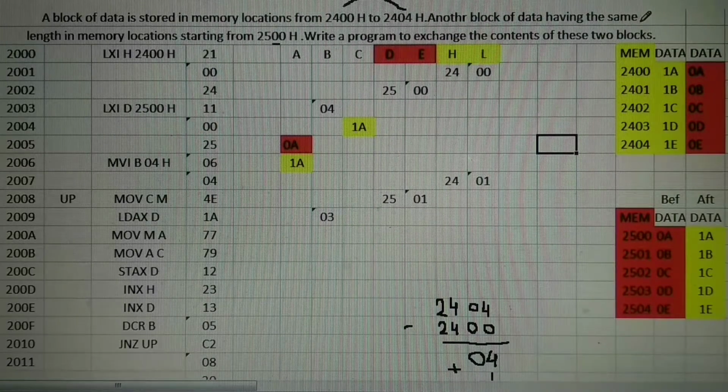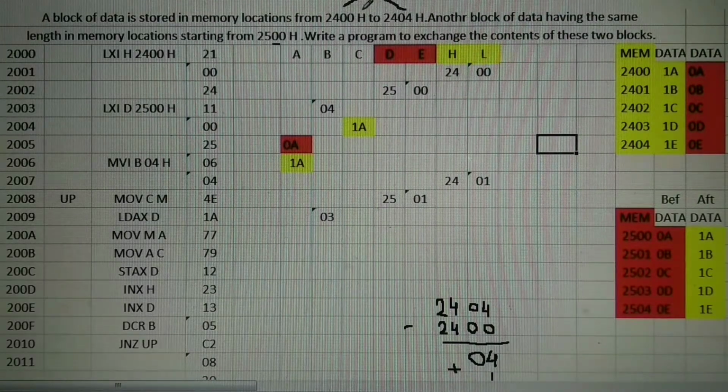In the previous program I explained that when from and to is given, the length of the block is determined by the following formula. From the highest memory location, the lowest memory location is to be subtracted.